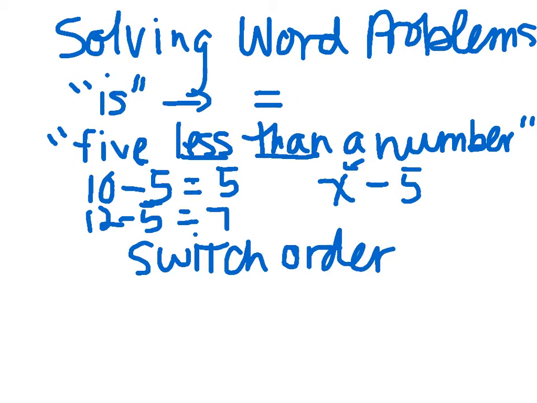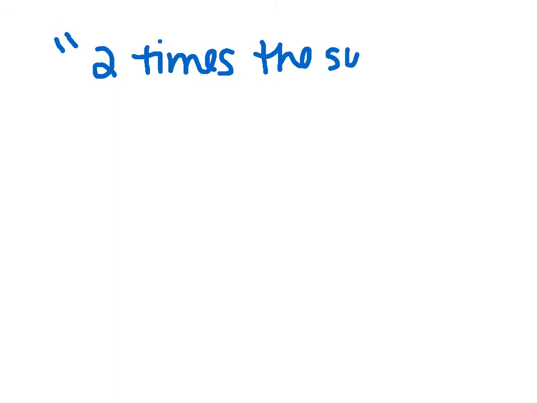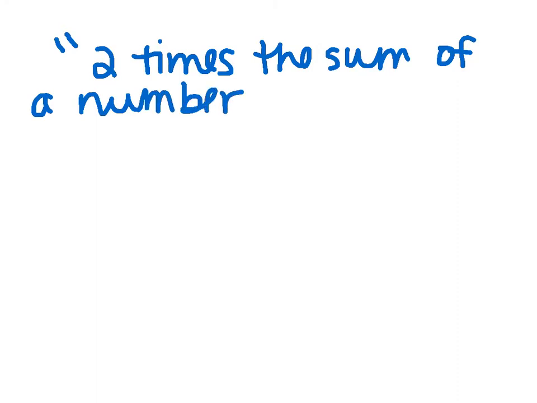Okay. The second very tricky thing, if I say, for example, 2 times, actually I should have written it as a word, the sum of a number and 3. If I really examine this, I ask, what is getting multiplied by 2?